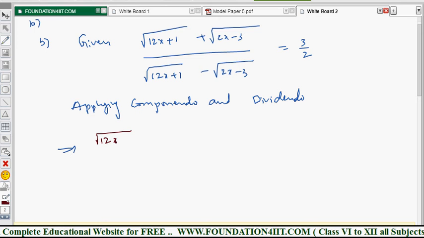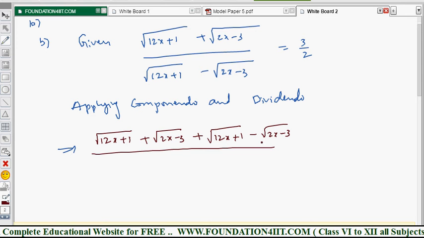Numerator: square root of 12x plus 1 plus square root of 2x minus 3, added to the denominator root 12x plus 1 minus root 2x minus 3. Once you add, once you subtract: root 12x plus 1 plus root 2x minus 3 minus square root of 12x plus 1 and minus minus is plus root 2x minus 3.